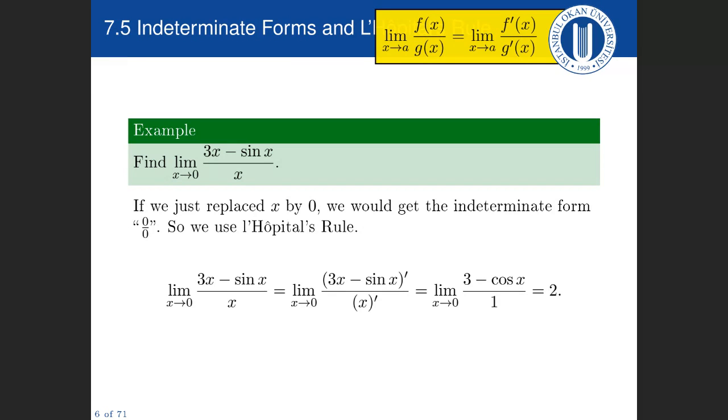The derivative of 3x minus sine x, of course, is 3 minus cos x, and the derivative of x is 1. And at this point, it is okay to replace the x by a 0. We would then get 3 minus 1 divided by 1, or 2.